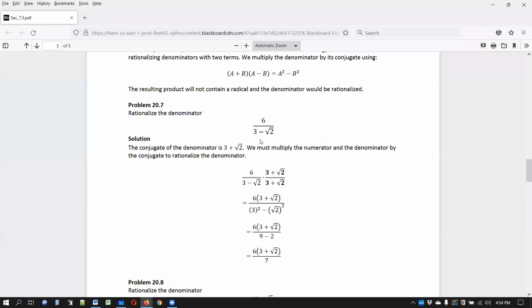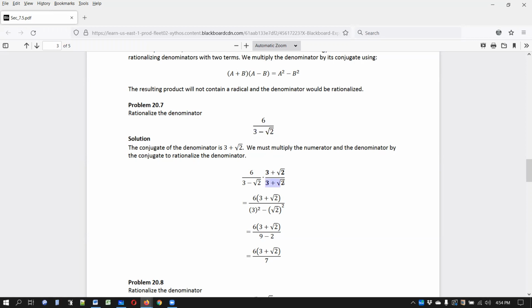Okay, so let's take a look in this case. I have to rationalize the denominator, and this is my denominator. I have two terms, so this is the technique involving multiplication by the conjugate. Every time I have two terms, multiplication by the conjugate. So my denominator is 3 minus radical 2.